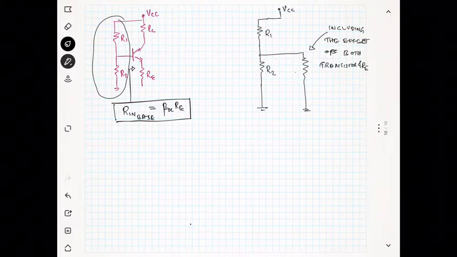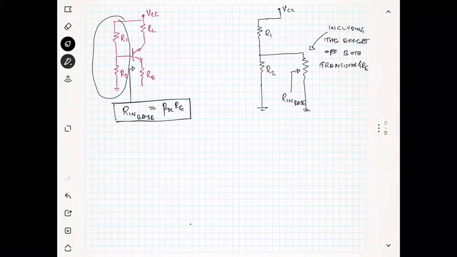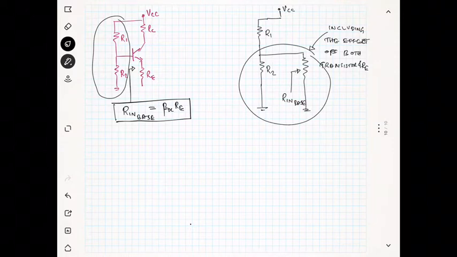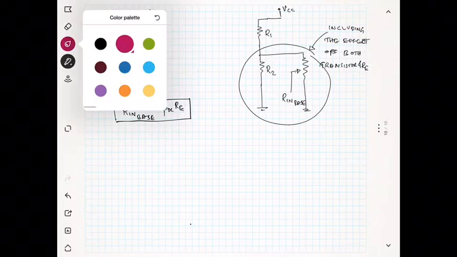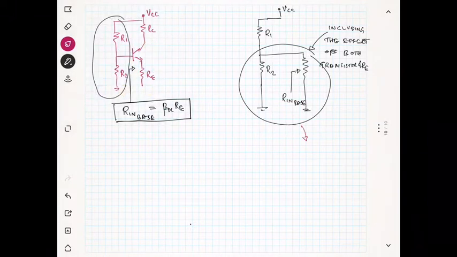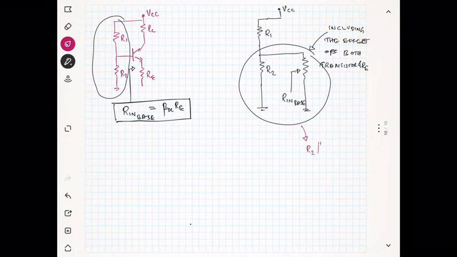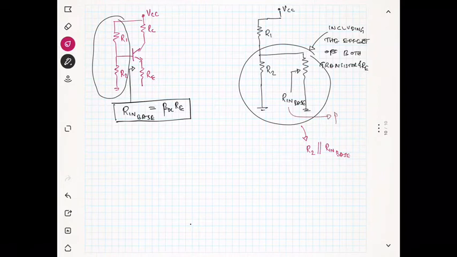So we can see that this is R in at the base. Now can you tell me what is the total net resistance that you can see here? The net resistance is nothing but R2 parallel R in base, right? And you know that R in base is nothing but beta DC times RE.